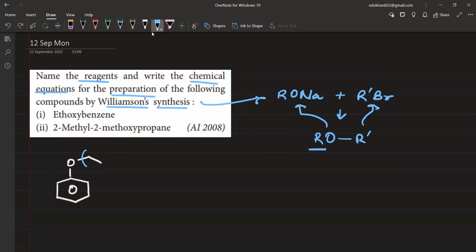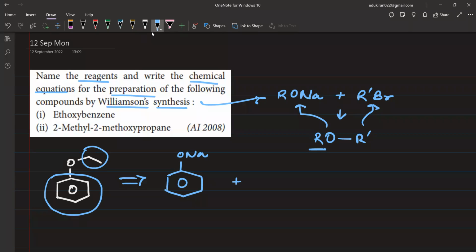Now, when I look at these two things, one of them should come from haloalkane and the other should come from alkoxide ion. And as we have learned in the last lecture, we can make this only through phenoxide ion plus CH3CH2Br.